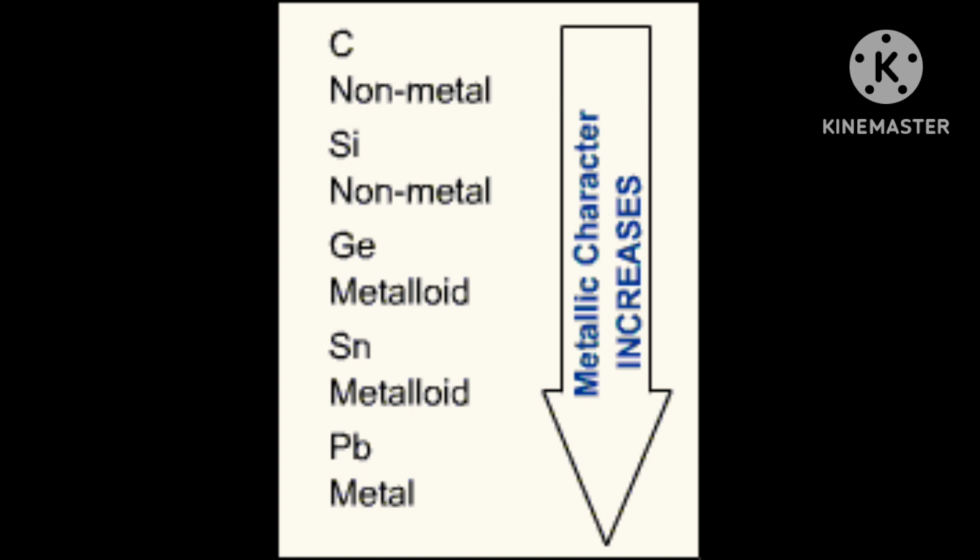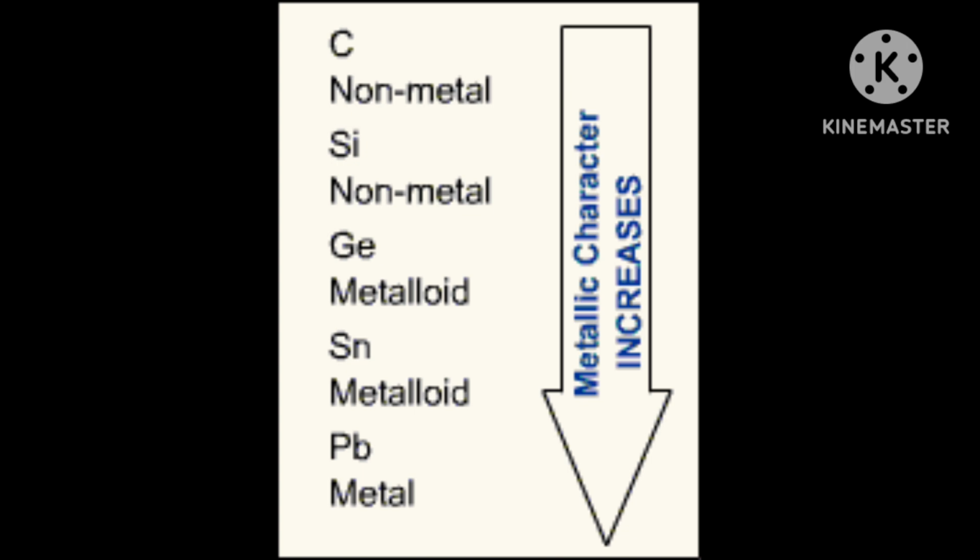Now I am going to discuss the chemical properties of group 14 elements: oxidation states and trends in chemical reactivity. The group 14 elements have 4 electrons in the outermost shell. You have seen this in the electronic configuration.